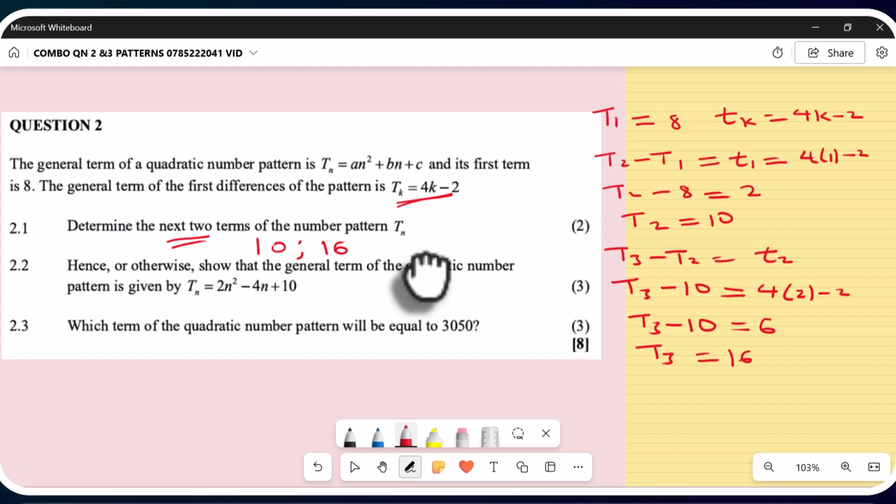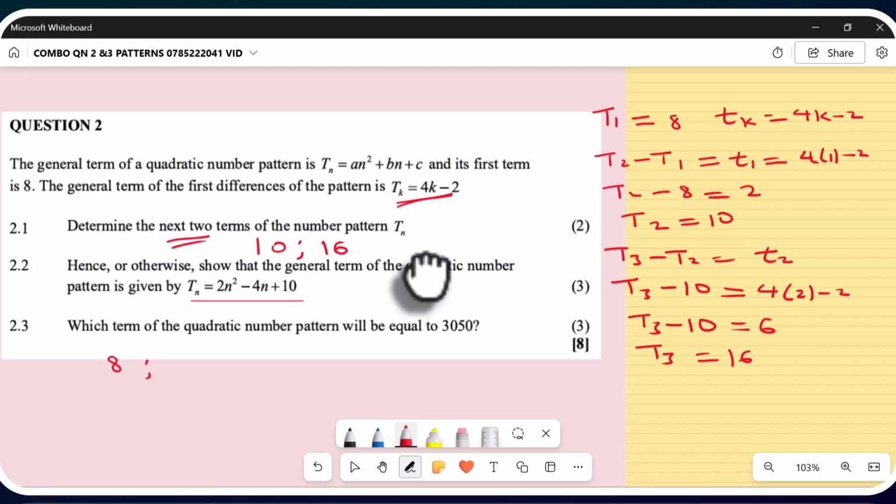but we know that our Tn is 2n squared minus 4n plus 10, which should equal 3050.